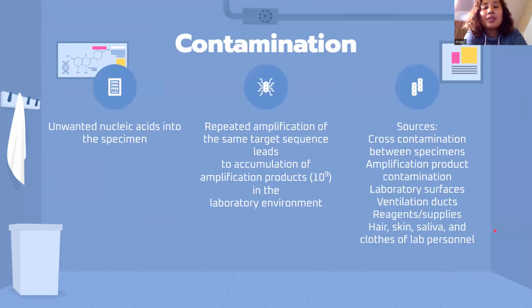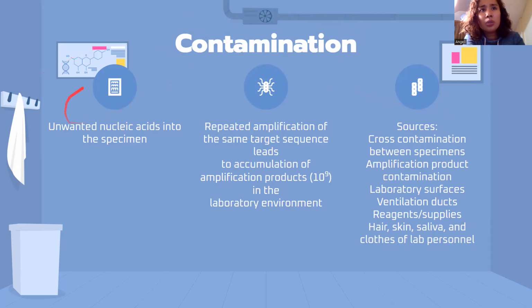So guys, our number one enemy in the molecular biolab is contamination. And there is a lot of it, because we are now at the molecular level. Our contaminants are so tiny that we cannot see them with the naked eye.